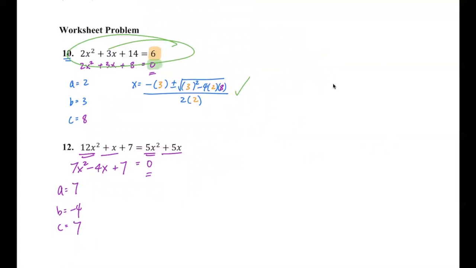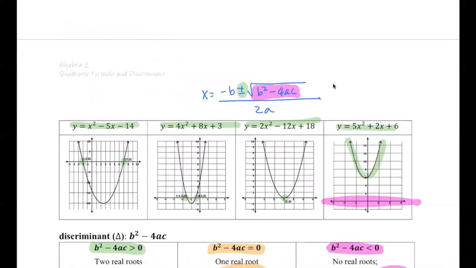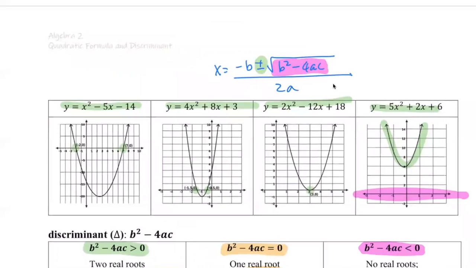And if you're curious about why we have to set it equal to 0, it's because we are finding the root. The root is when the y value is equal to 0. So the 0 right there is technically saying that your y value is equal to 0. So can you find out what x is so that the y value is equal to 0? That goes back to the graphs that we saw earlier, how the roots are essentially telling us the x-intercepts.